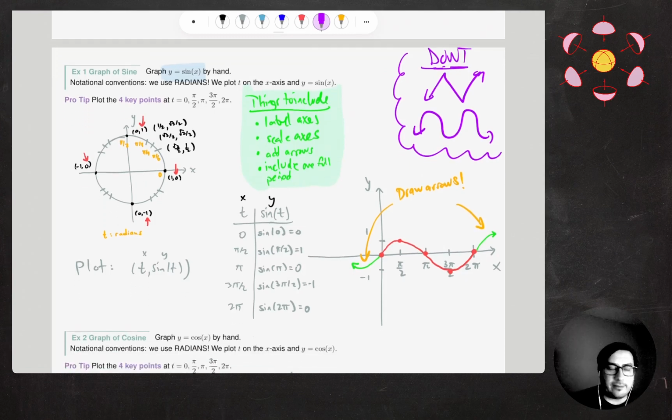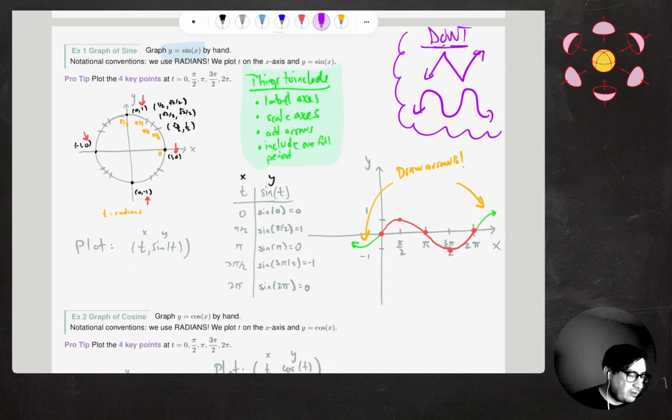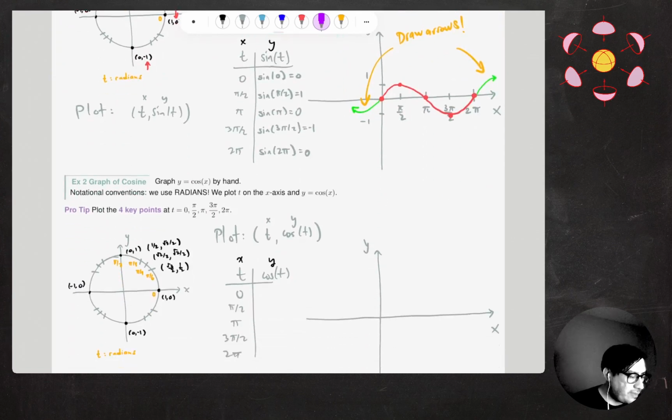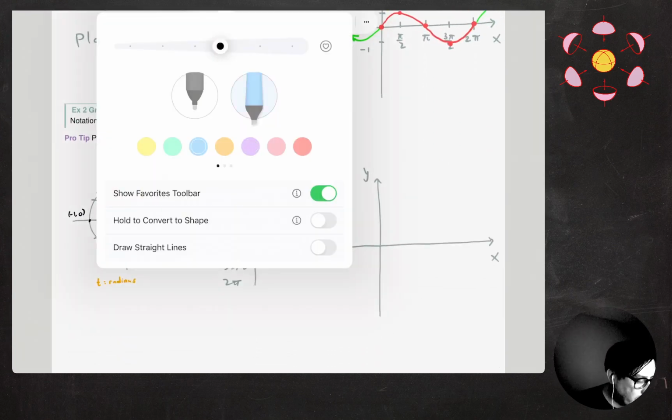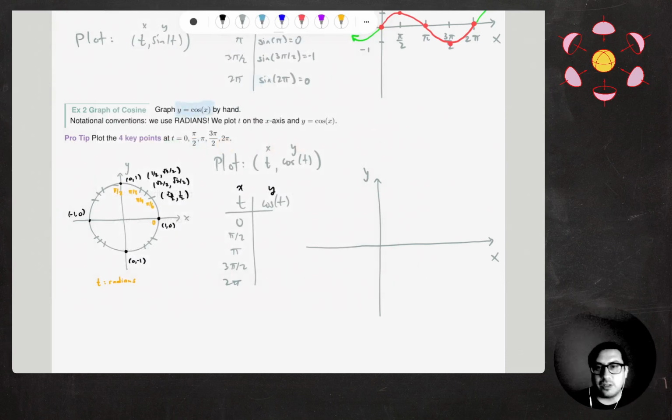All right, great. Now we are going to do the exact same thing, but for cosine. I'm going to go a little bit quicker here, but not too much quicker. For starters, remember we're going to plot points, and t is going to be the same as x, so we're moving in radians on the t-axis.